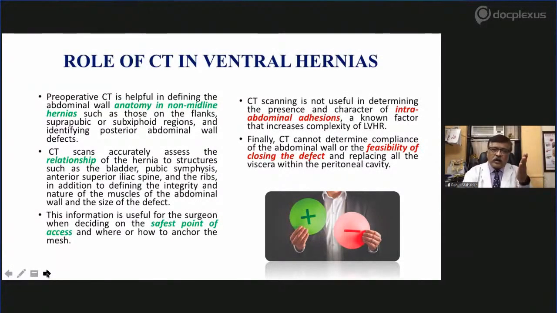You can do a plain CT abdomen as well, wherein you can know the width of the rectus muscles as well as the width of the linea alba, and you can recognize the diastasis and where it actually is, and then choose your procedure wisely for that particular hernia.